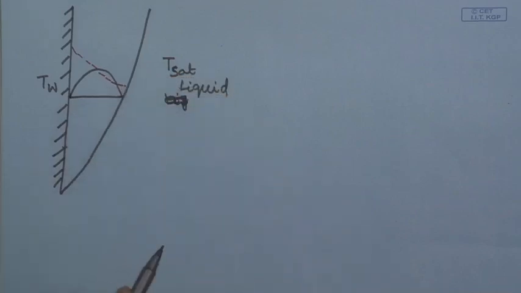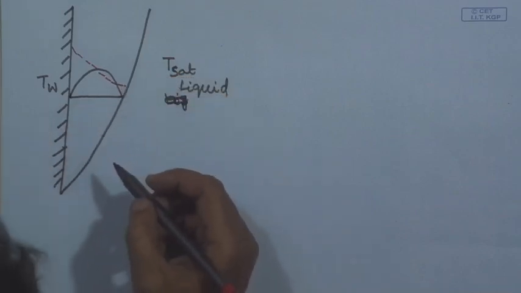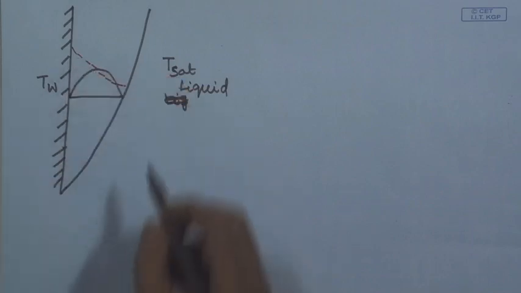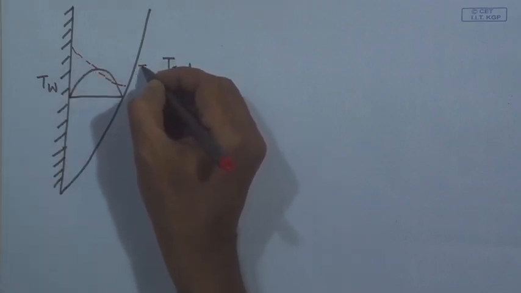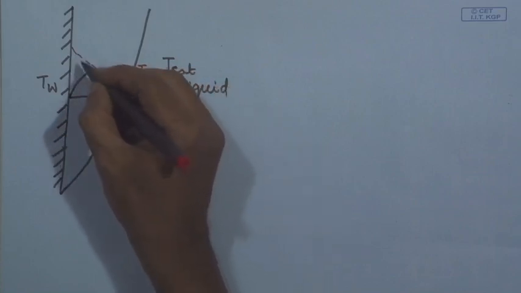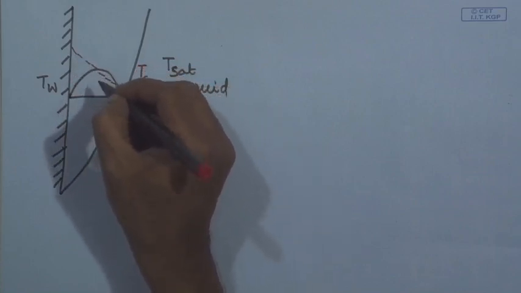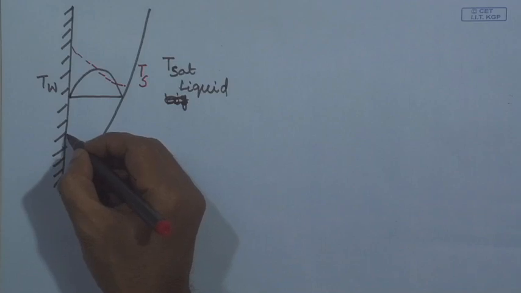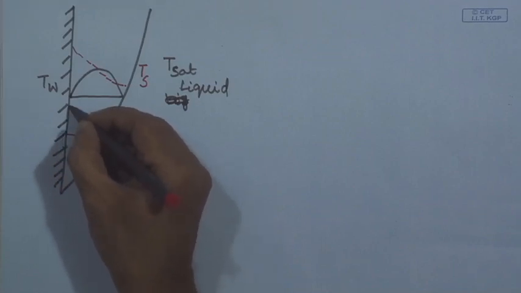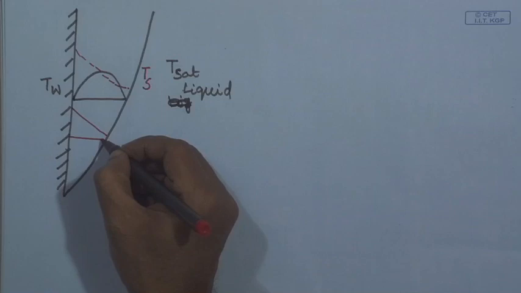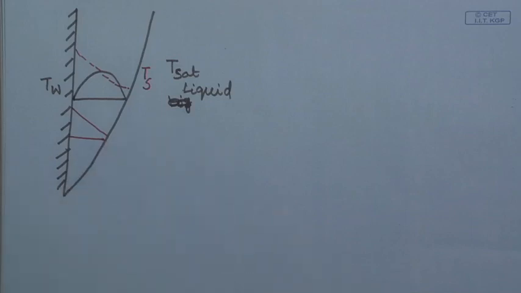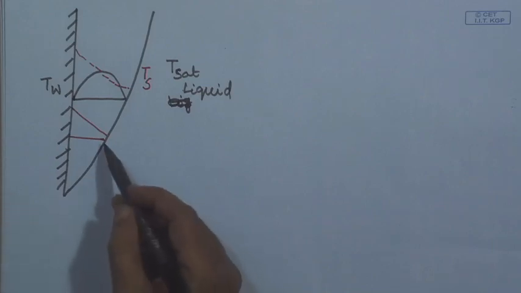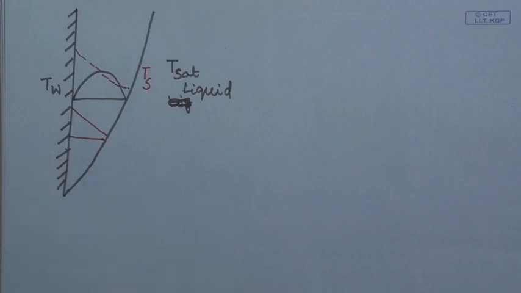The temperature profile of course has to reduce from the wall temperature T_w to the saturation temperature, which is T_s. In general this shows the nature of the temperature profile, but in many cases one assumes some sort of a linear temperature profile. The underlying assumption is the vapor film is so thin that only conduction is effective in the vapor film, convection is not taking place.